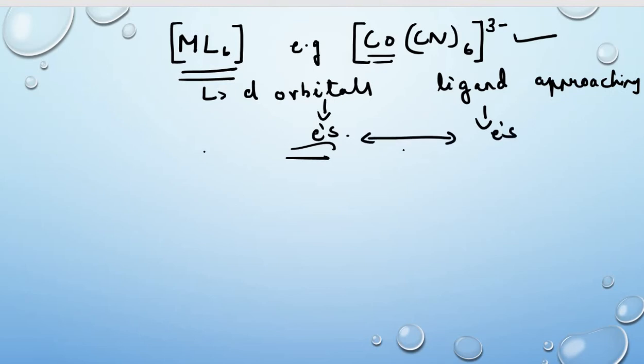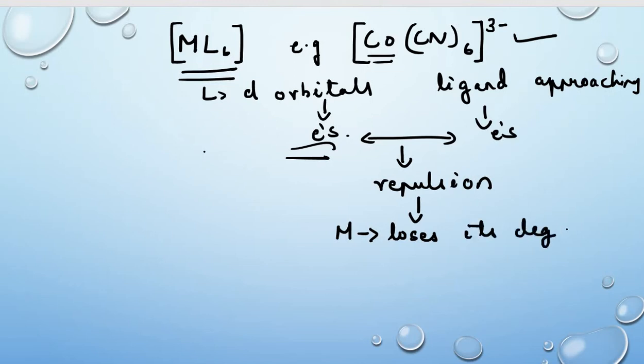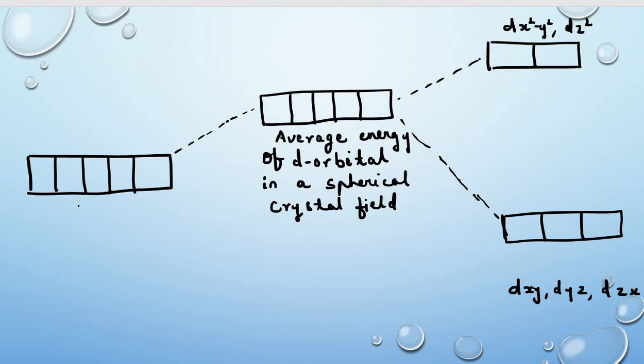As a result, repulsion will occur, and due to this repulsion the metal will lose its degeneracy.